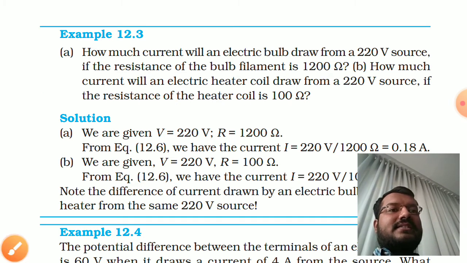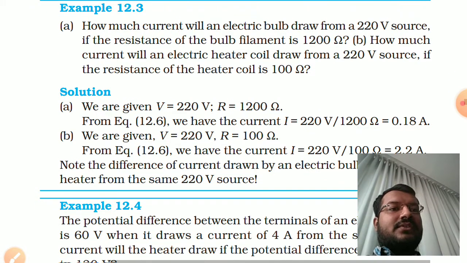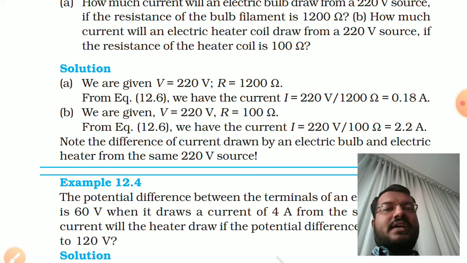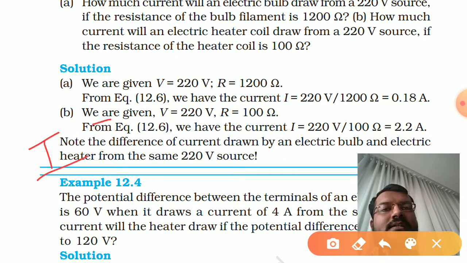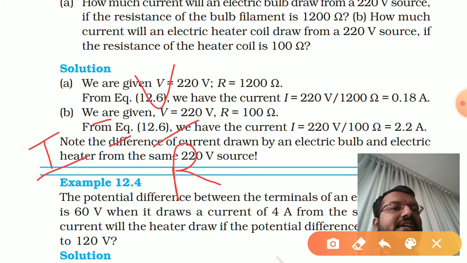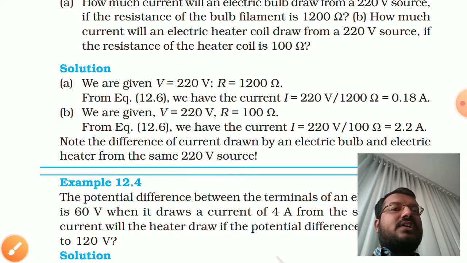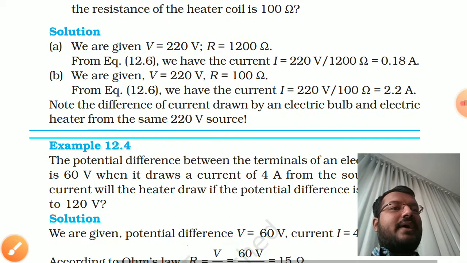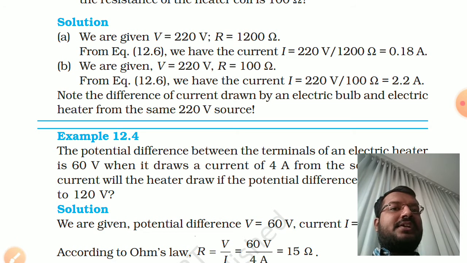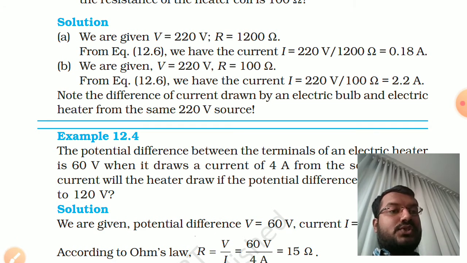In the second case, 220 volt V is given and resistance R is given. Same case, I is equal to V upon R, which means 220 divided by 100 ohm, so we get 2.2 ampere. Note the difference of the current drawn by an electric bulb and an electric heater for the same 220 volt source.